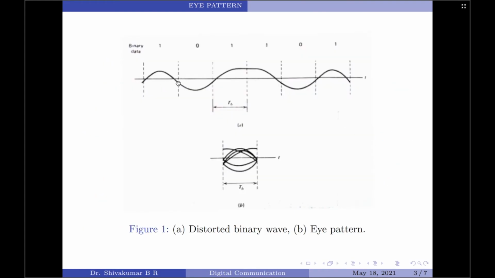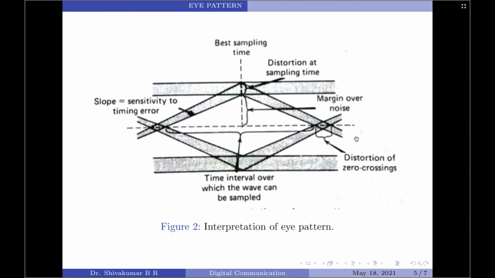If you look at this received signal carefully, we have the received signal passing through the time axis but it is not actually 0 at integral multiple values of sampling instance. So this error is what actually is the distortion of zero crossings, and you can calculate this by calculating the width of the eye pattern portion where the upper and lower traces of the eye pattern overlap.